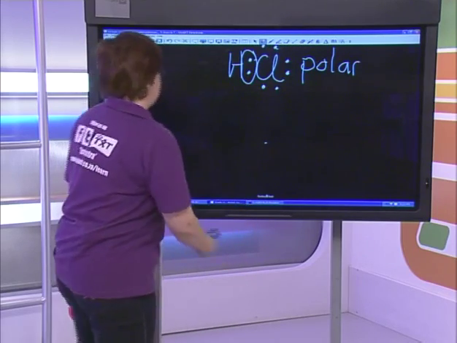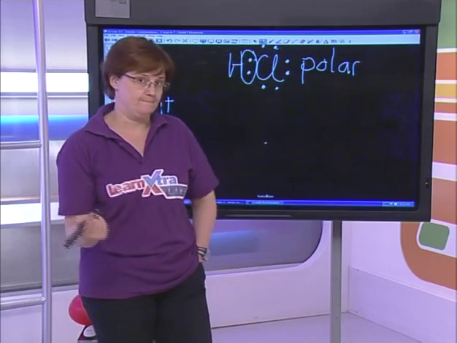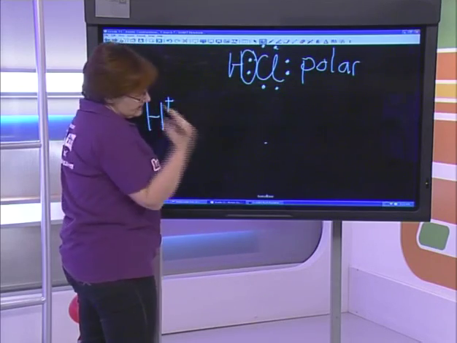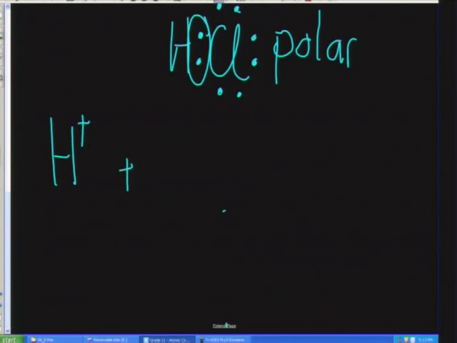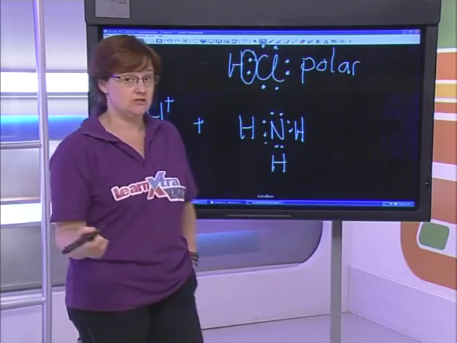Why is it called naked? It's actually a naked proton, because this hydrogen, somewhere along its travels, has lost its electron, so it's a positive ion. If it, say, now reacts with ammonia, NH3, which looks like this when we draw its bonding, okay? Now what happens, and for most of our dative covalent bonding, results in a charged particle.